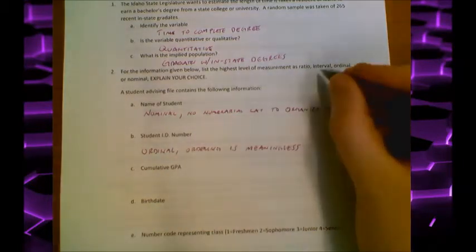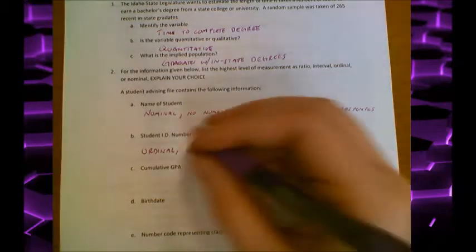So adding and subtracting kind of works, but I can't say that a grade point average of 4 is twice as good as a grade point average of 2. Numerically that makes sense, but if you think about what that actually means, you're basically saying A's are twice as good as C's, which is not really what that actually means. So we're just going to stop there at the interval level and not make it up to ratio.